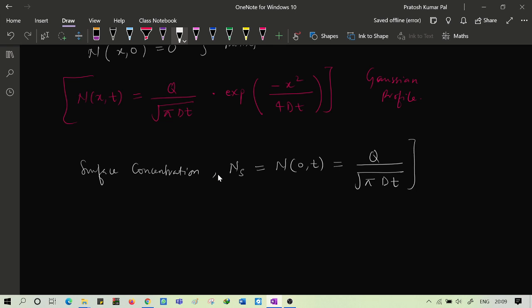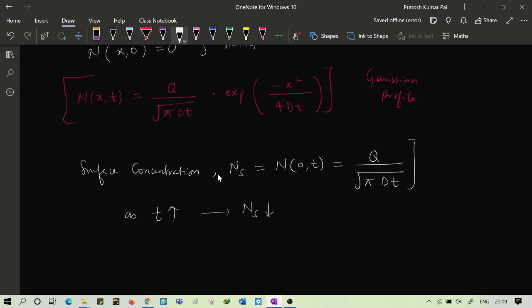So if we follow this equation, Ns is a function of under root t, with Q, D and pi. So with respect to time, this Ns value has a dependence on time. As time increases, the concentration of Ns will be reduced.